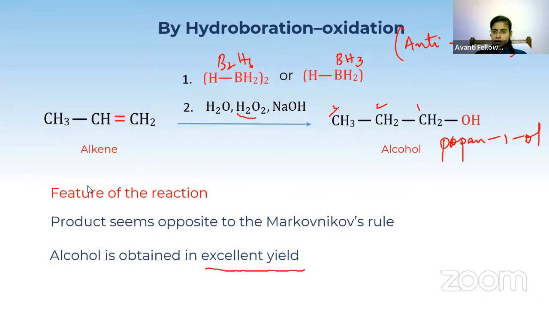By seeing the peroxide. If you see any peroxide with B2H6, then just by closing your eyes, you have to go for anti-Markovnikov addition. Clear? Able to understand? So these are the two methods by which we can prepare alcohol from alkene.